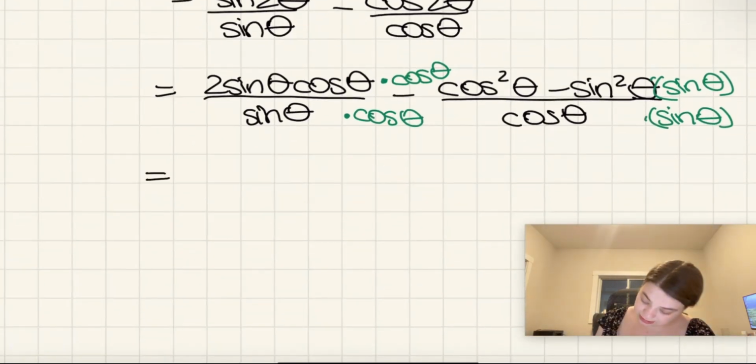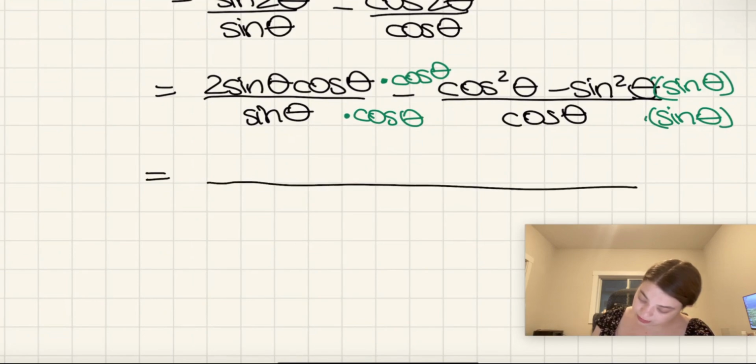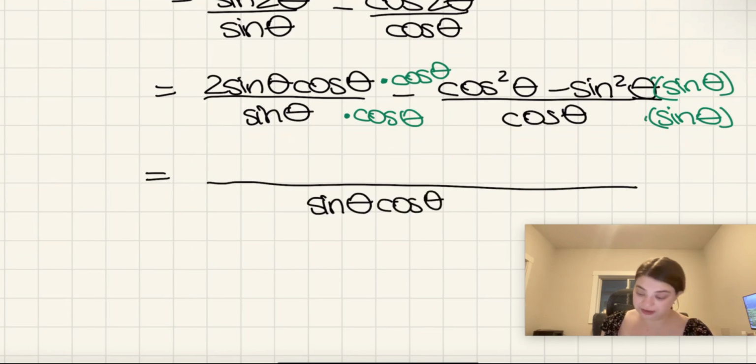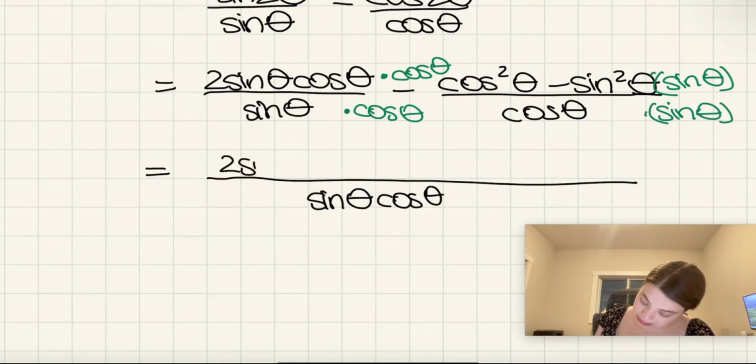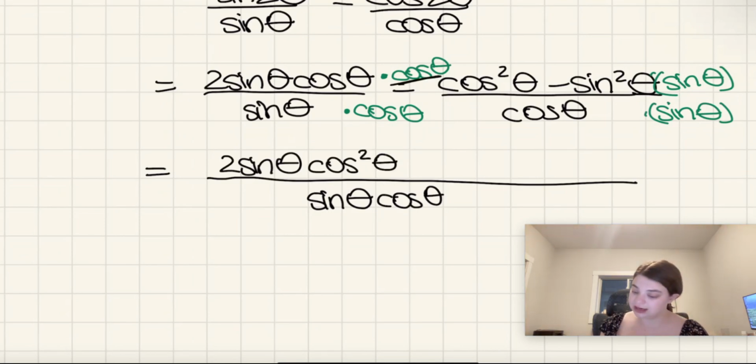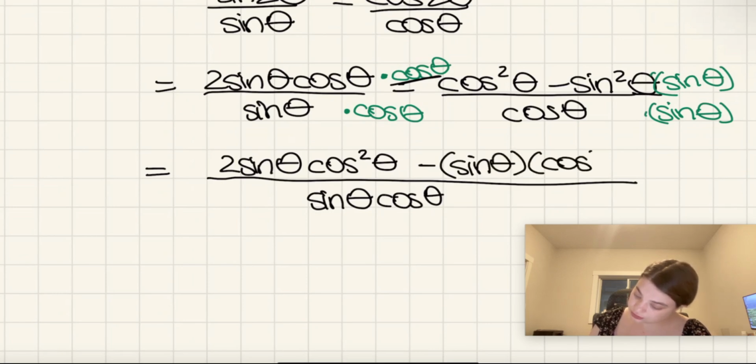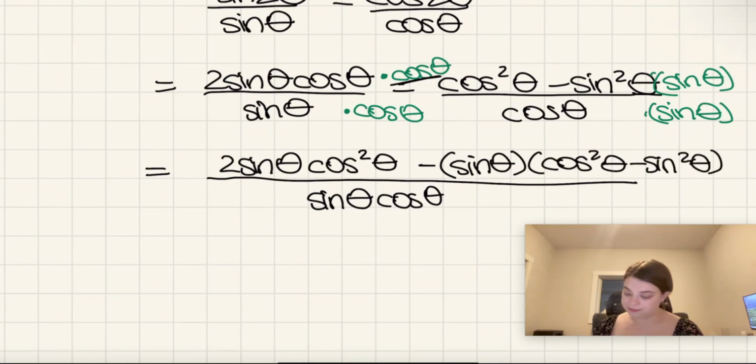We're going to get one fraction with sine theta cos theta as our denominator. And then in the numerator, we're going to get 2 sine theta cos squared theta, since we're multiplying cos theta by cos theta. And then minus, in brackets, sine theta times cos squared theta minus sine squared theta.